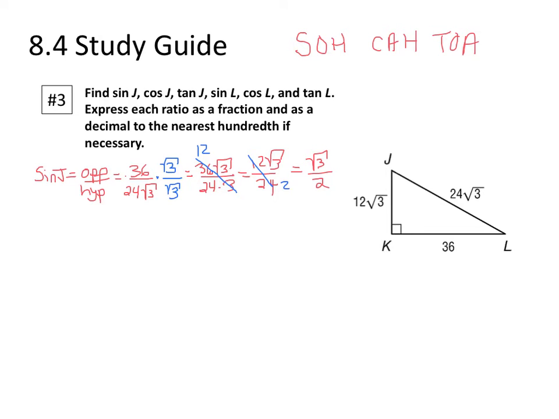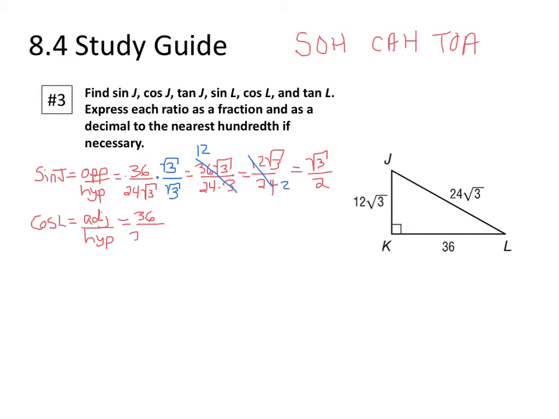Now I'm going to look at the cosine of L, and I hope you see the pattern here. We talked about this in class. Cosine of the other acute angle is going to be the adjacent divided by hypotenuse. And from L's perspective, the adjacent here is also 36, and of course the hypotenuse doesn't change.